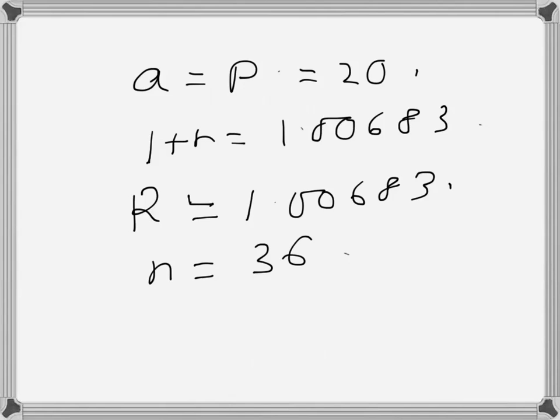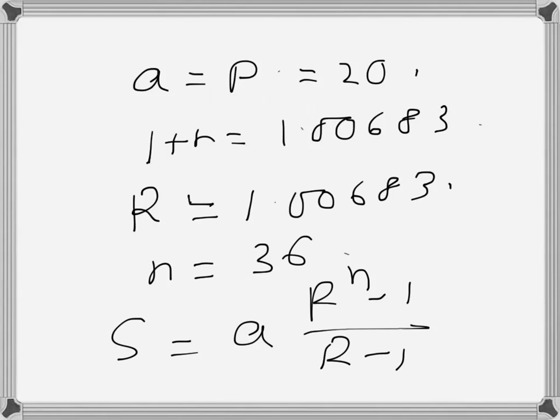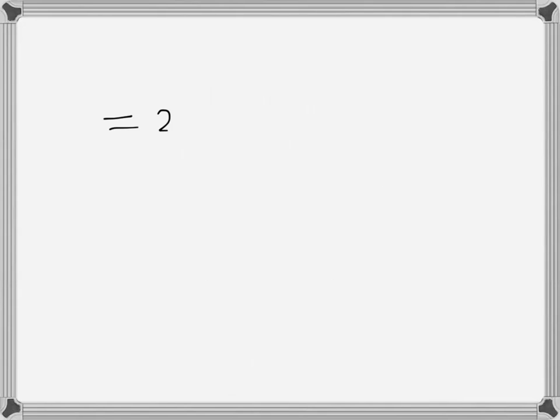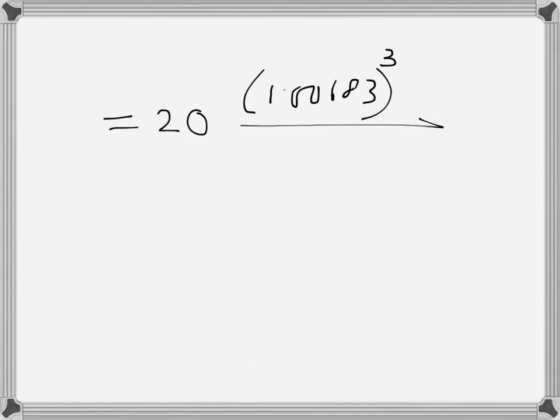So when we want to find the sum, the expression is given by A(R^n minus 1) over (R minus 1). This R is the common ratio. I have used the uppercase R so that we don't get confused with the interest rate r, which is the lowercase one. So here A is 20, R is 1.00683 to the power 36, because n is 36, and 1.00683 minus 1.